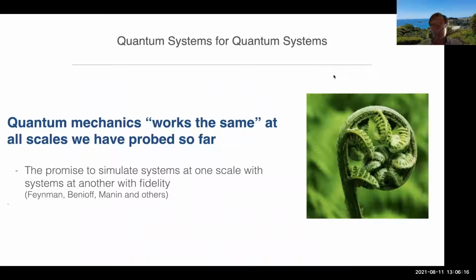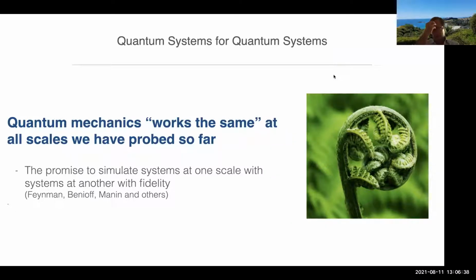So why is this in fact possible? It was understood since the early 1980s, through work by Feynman, Benioff, Manin, and others, the promise of quantum simulations. So at the heart of the matter is the fact that one can't understand or simulate a more complex quantum system in terms of a less complex system.